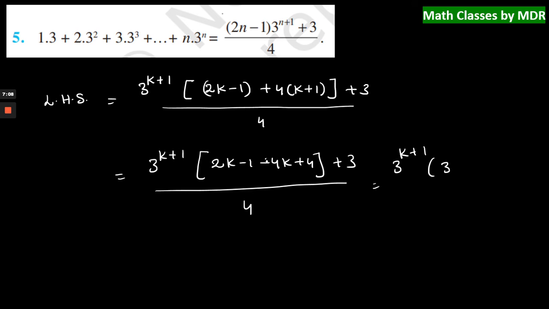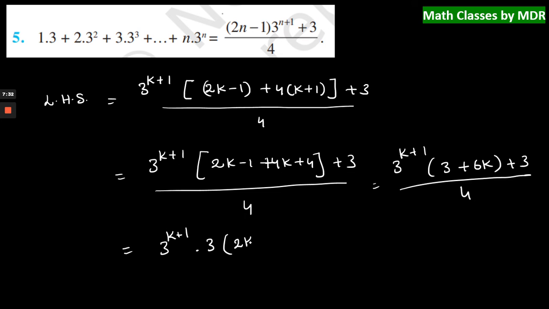So 3 plus 2k plus 4k. 4k plus 2k is 6k, so 3 plus 6k will be this one, and plus 3, whole divided by 4, right? And then further I can write as 3^(k+1) and let us take 3 common here. So we'll have (2k plus 1) plus 3, whole divided by 4.